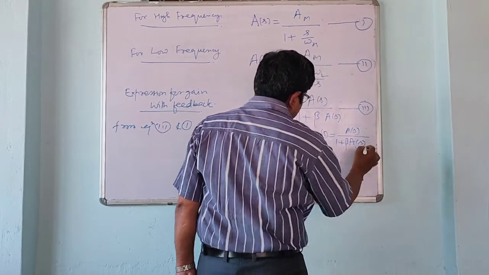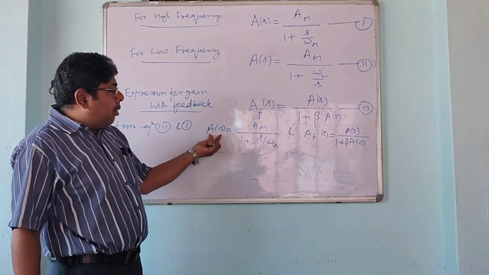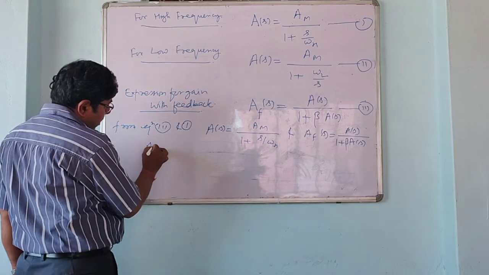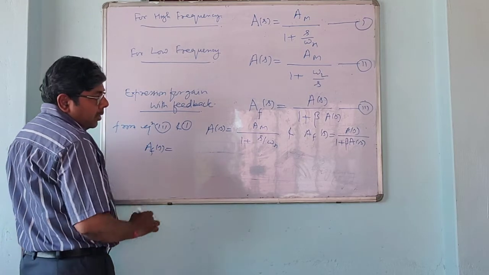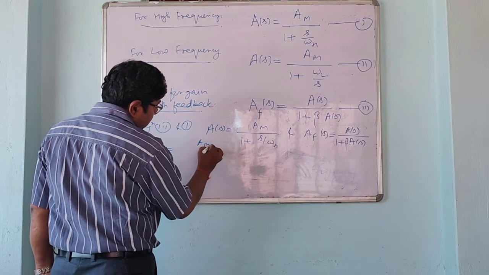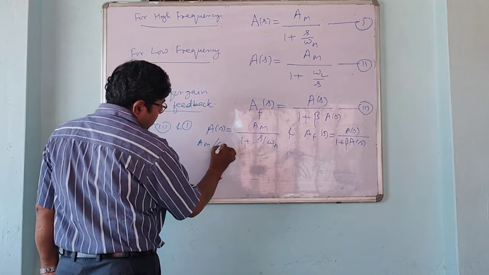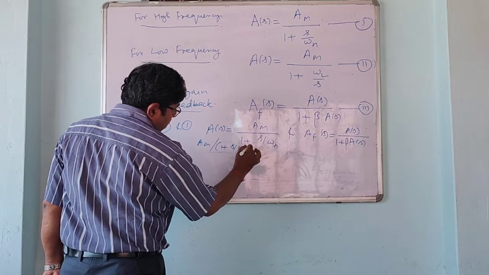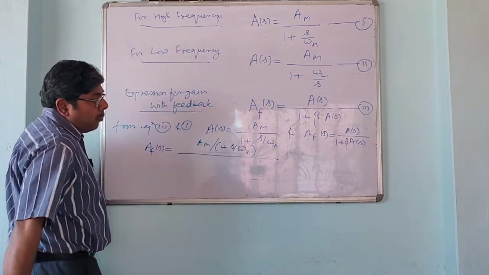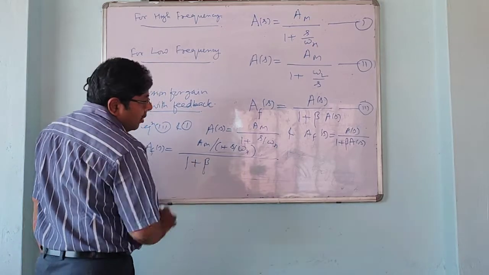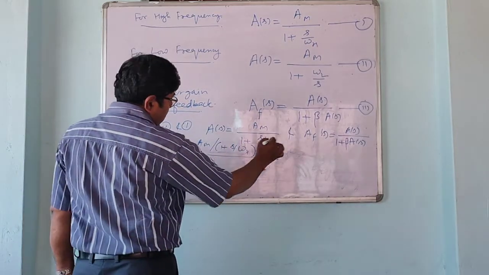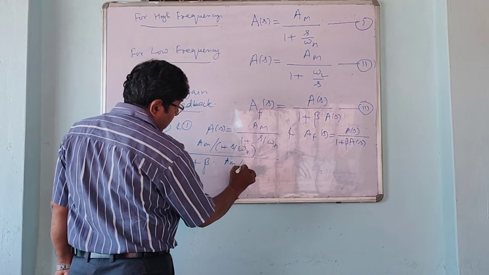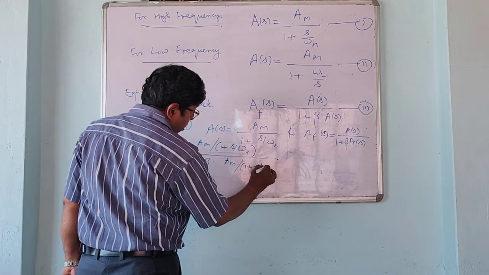We are using these two equations. If we put this value of A(s) in this equation, then we can write gain with feedback as midband gain whole divided by 1 plus s upon omega H, divided by 1 plus beta A(s). A(s) means this quantity, A_M upon 1 plus s upon omega H.